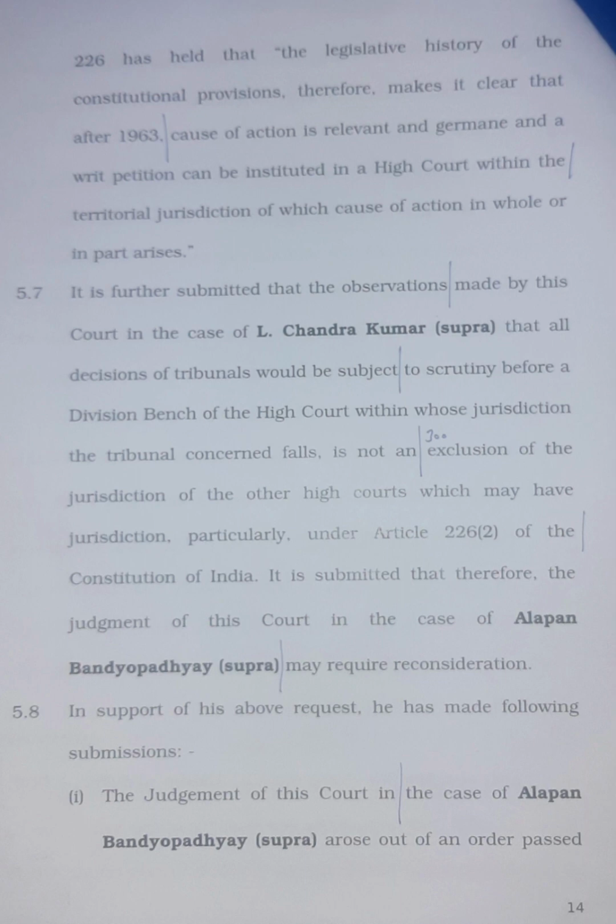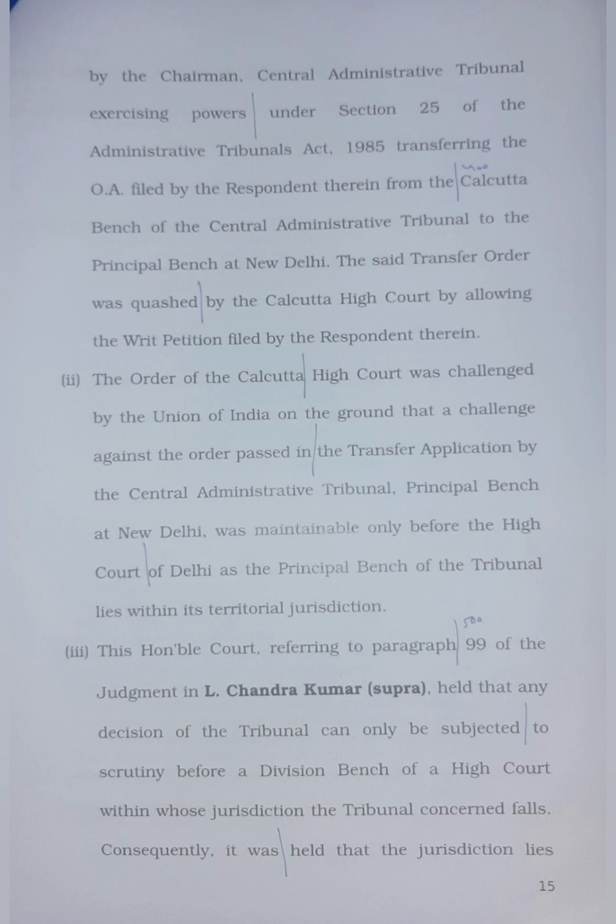The judgment of this court in the case of Alapan Bandyopadhyay Supra arose out of an order passed by the chairman Central Administrative Tribunal exercising powers under Section 25 of the Administrative Tribunals Act 1985, transferring the OA filed by the respondent therein from the Calcutta bench of the Central Administrative Tribunal to the principal bench at New Delhi.